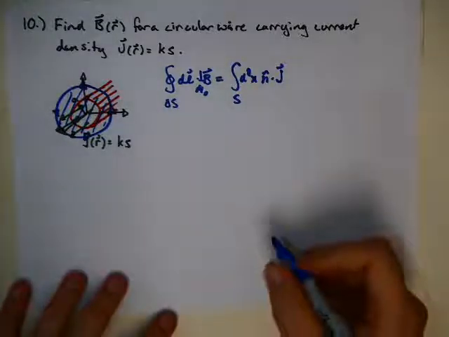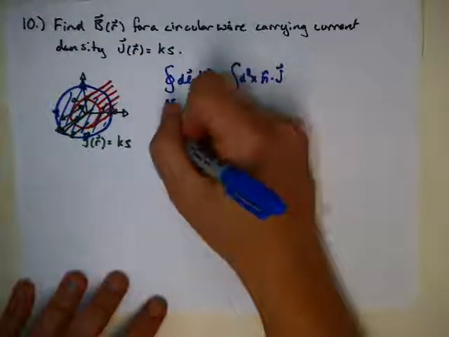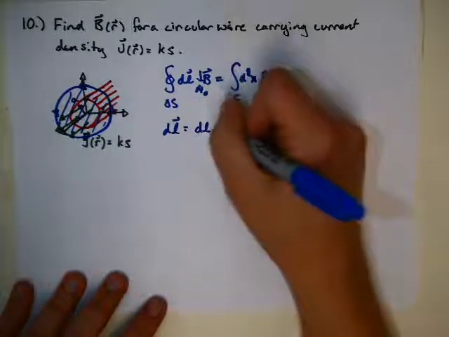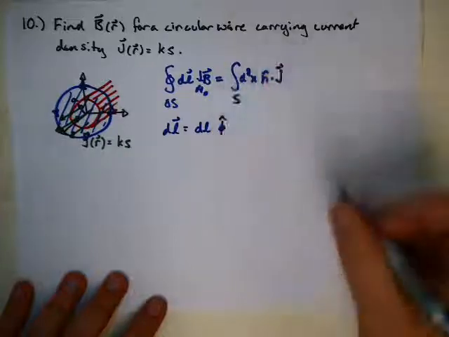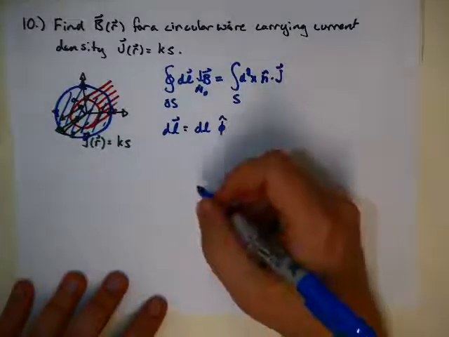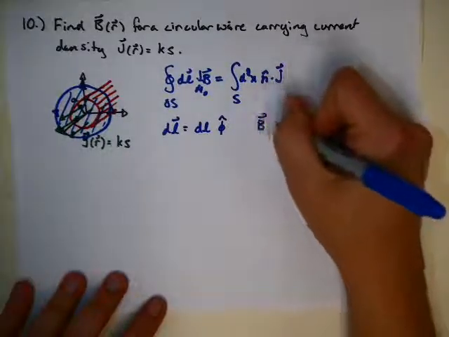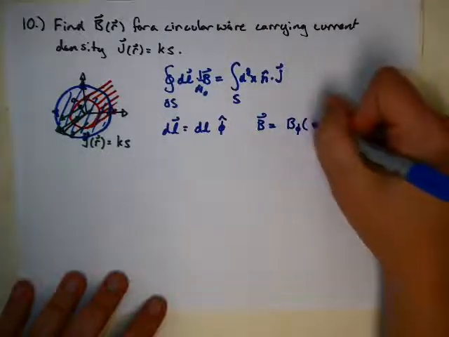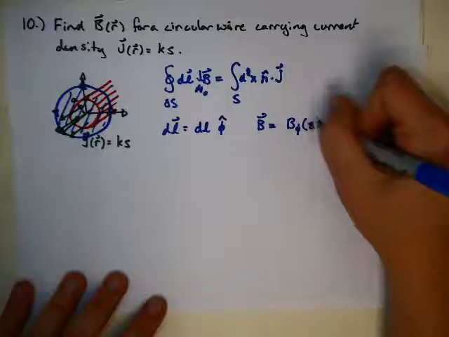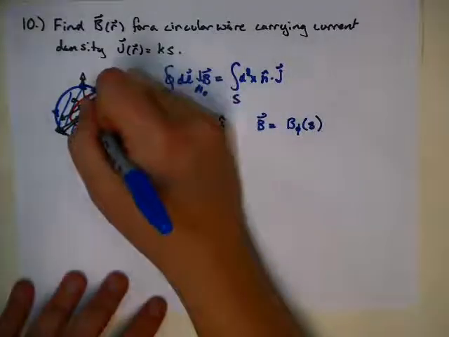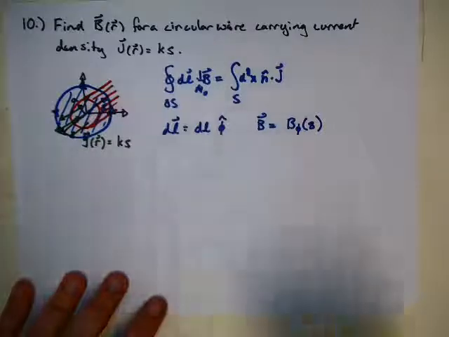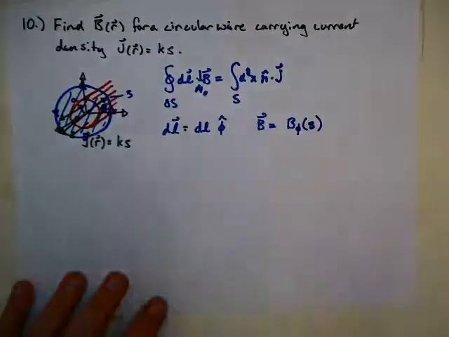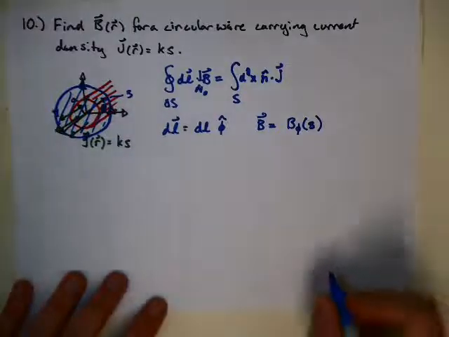We can now start talking about how to simplify this. At the edge of this, we know that the dl vector is going to be dl times phi hat. We know through symmetry arguments that the magnetic field is going to be only in a phi hat direction, and it will only depend upon the distance from the center, s, at which we draw our Amperian loop.